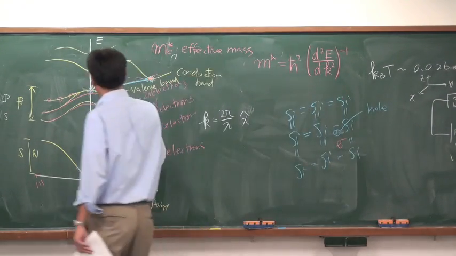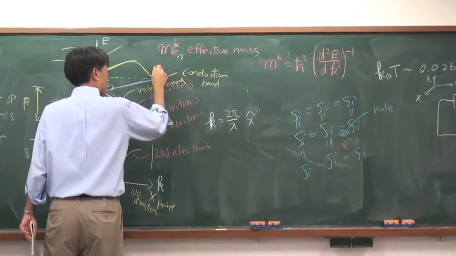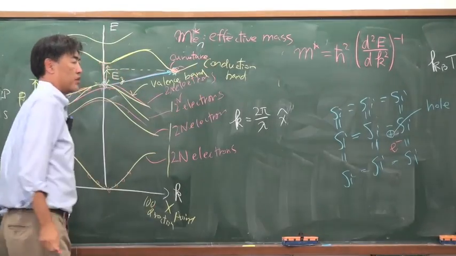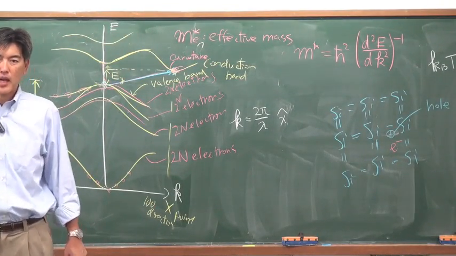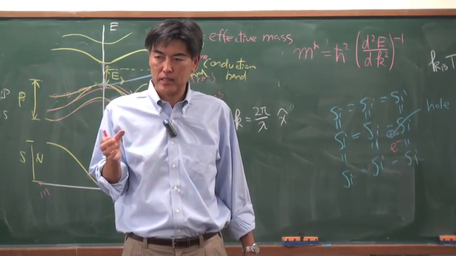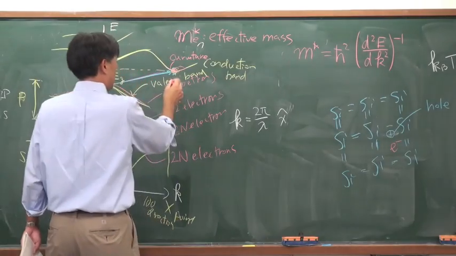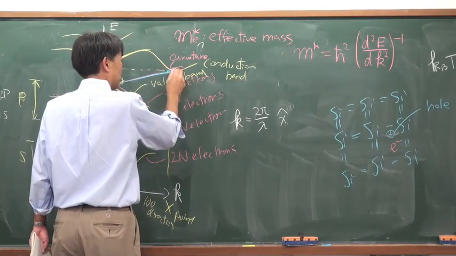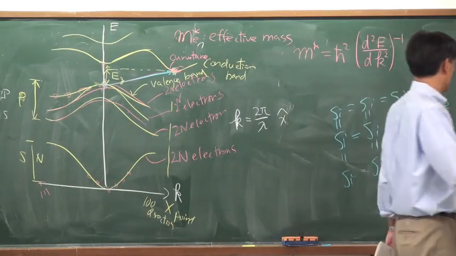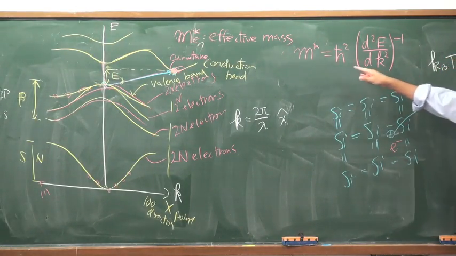So really, the curvature here defines how heavy or how light each mass is. And here we care about the curvature at the bottom of the conduction band. And curvature here is inversely proportional to the effective mass.